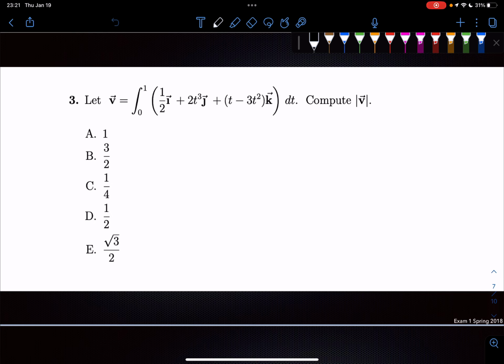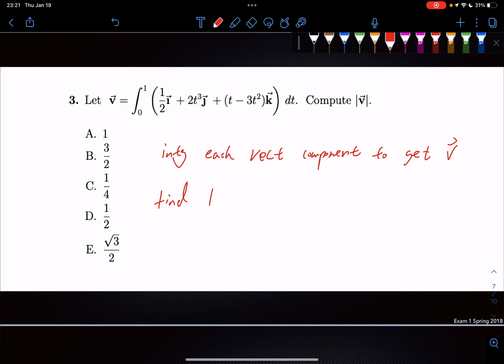To solve this problem, you're just going to integrate each vector component to get v, and then you find the magnitude of v. I think everybody knows how to do that by this point, so I'm just going to skip that. So it's step 1 and step 2, easy enough. I think everybody knows how to do calculus at this point, so I don't think I need to review that with you.